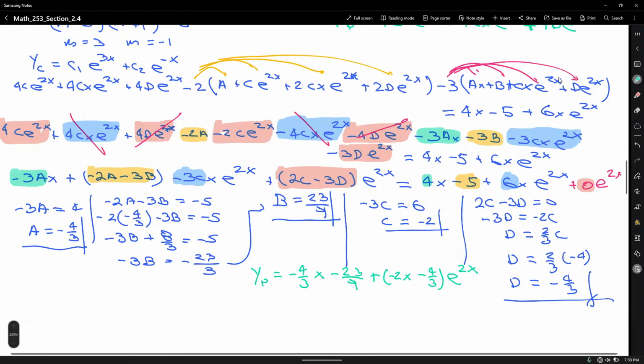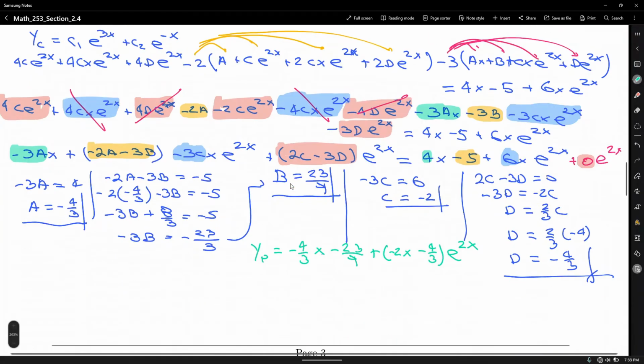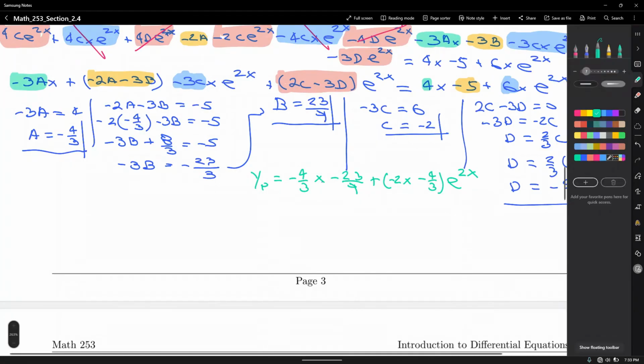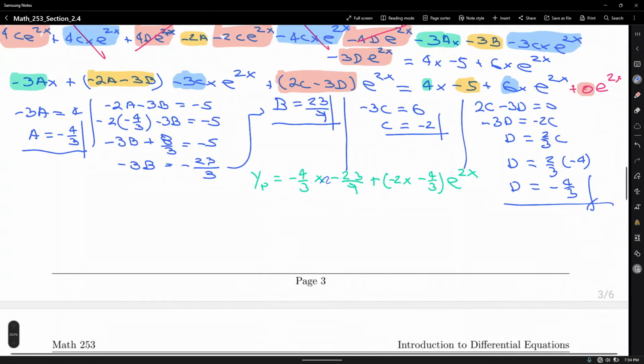And at this point, we should be good to write the general solution to the differential equation, which again is a combination of the solution to the homogeneous equation, the characteristic equation, plus the particular solution, which is what we got already.